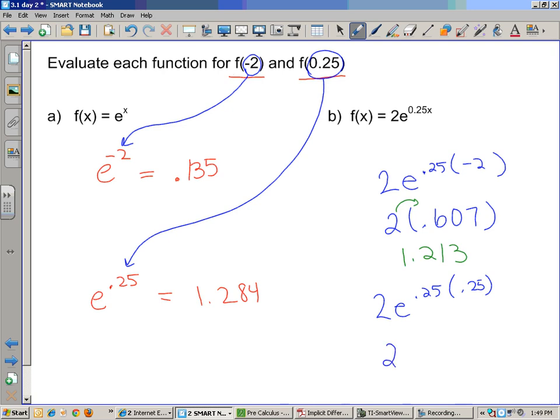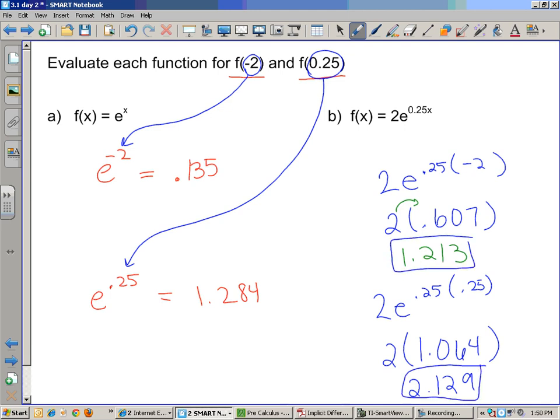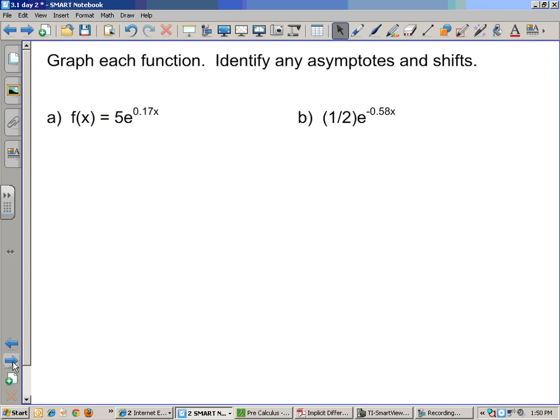And then I get this number. And now I'm going to multiply by 2. So I just hit times 2 on my calculator, and I get my final answer. Okay. So you want to know how to use your calculator, because that's how we're going to fill in the chart, or that's how we're going to get our test points or whatever we need to.